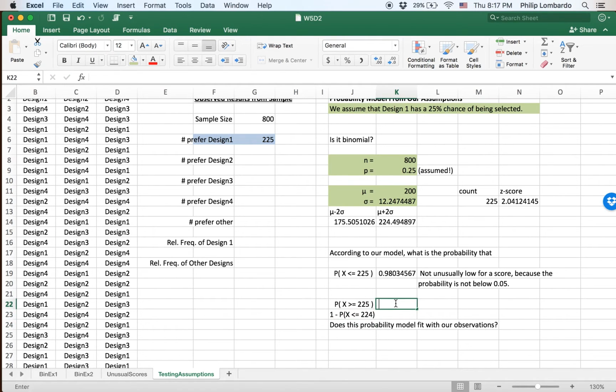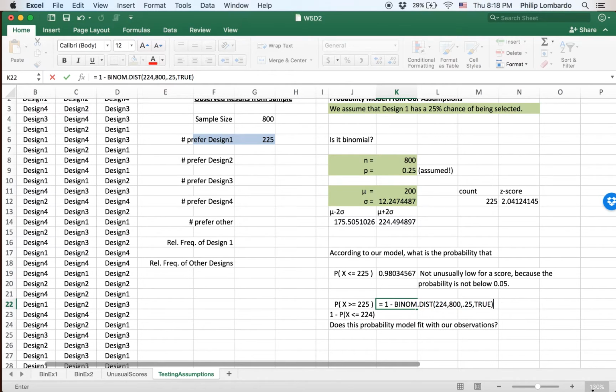So when computing the probability that x is greater than or equal to 225, we would do 1 minus binom.dist, working off of this cumulative probability, x less than or equal to 224. So I would do 224, I have 800 trials, 0.25 is our probability of success, and then true, because we're dealing with that cumulative probability.